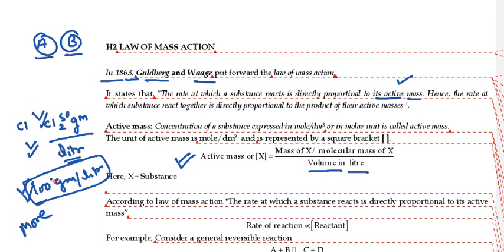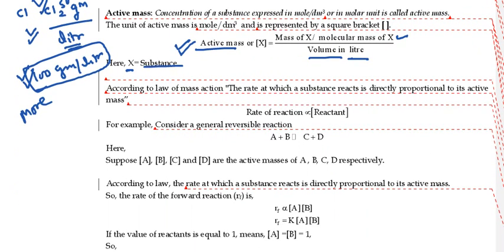How much amount of the reactant you are taking, their active mass concentration directly affects the rate of reaction. For any substance X, the mass or molecular mass per liter of volume we consider as the active mass, and this active mass is directly proportional to the rate of reaction.